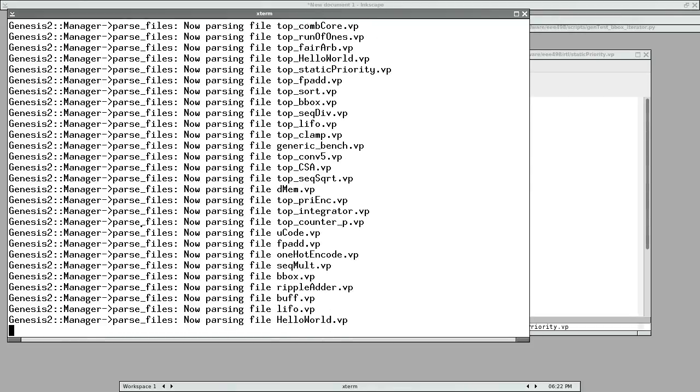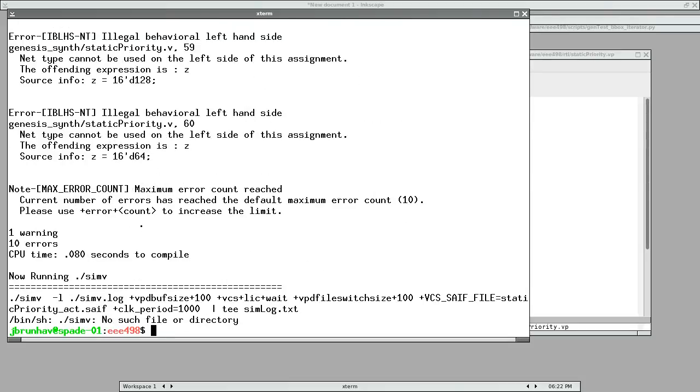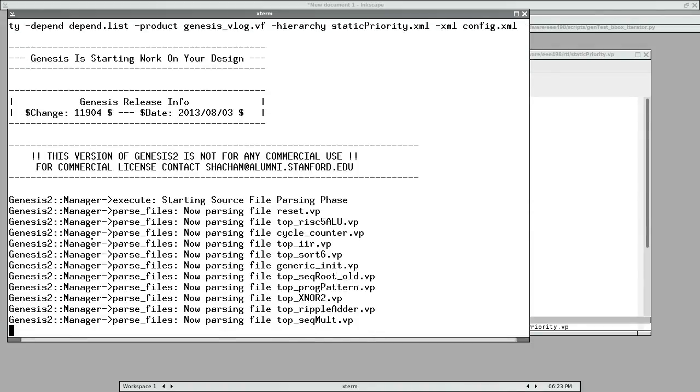So we're not all immune to having a few typos here and there. Forgot our logics.